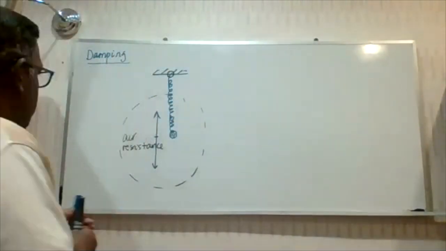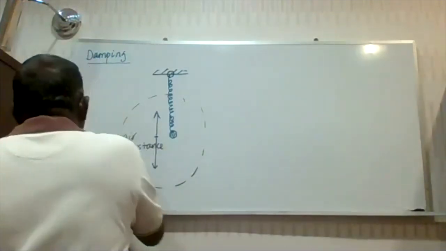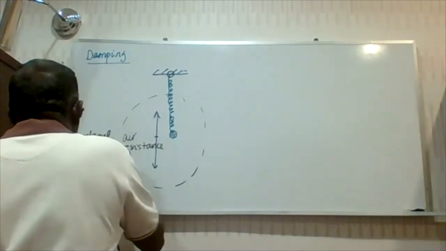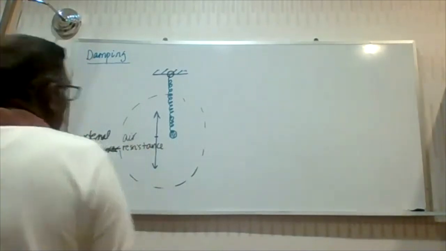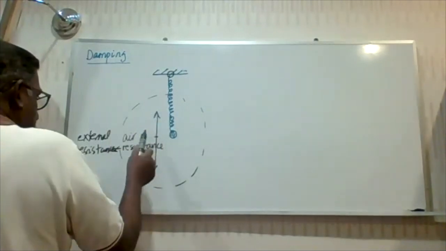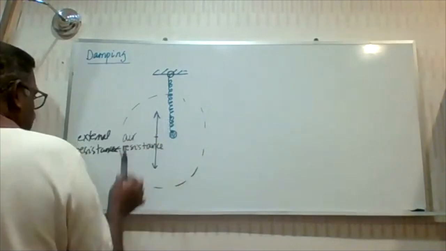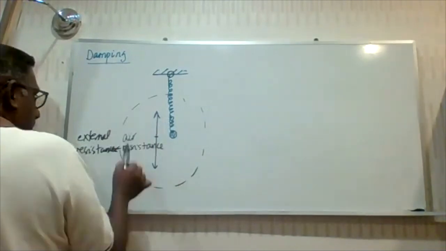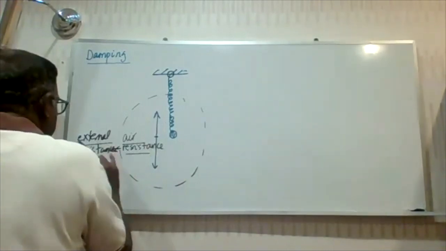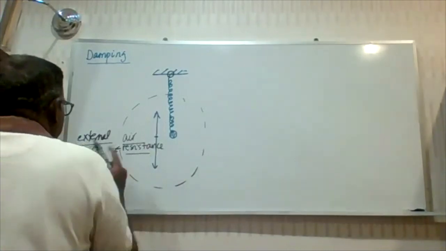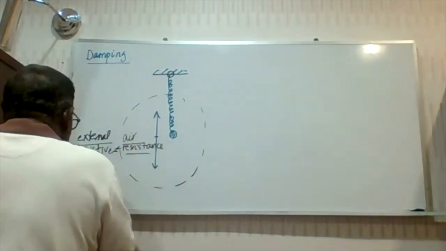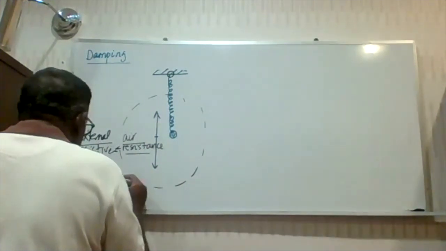Now, air resistance is seen as an external resistive force. Therefore, a large part of energy is lost by this oscillating system doing work against air resistance, which is seen as an external resistive force, and therefore this is called external damping.